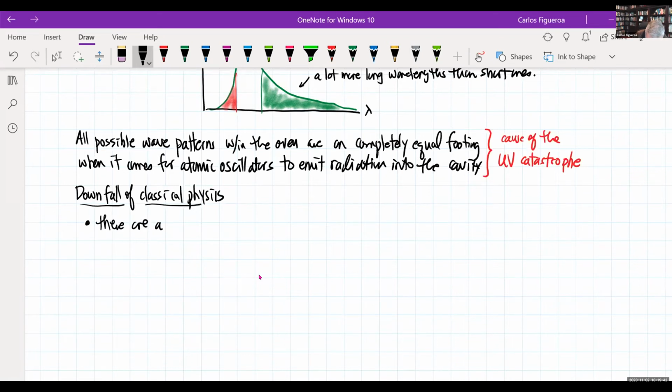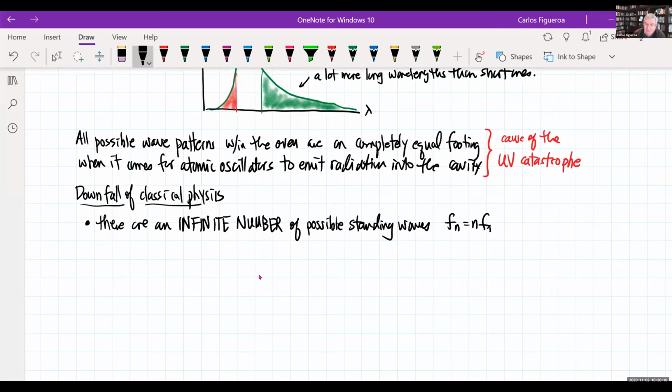There are an infinite number of possible standing waves within the walls. So what that means is that when I look at my resonant frequency condition, you can see that n, since it has to be whole numbers, goes all the way to infinity.